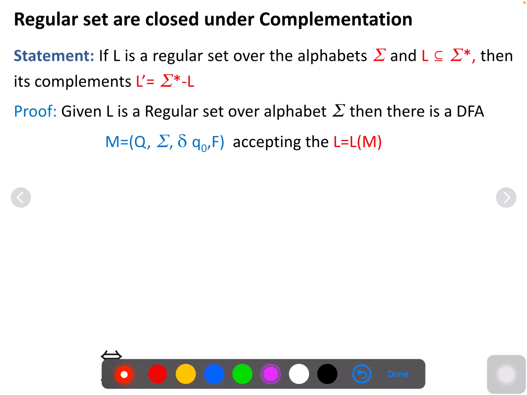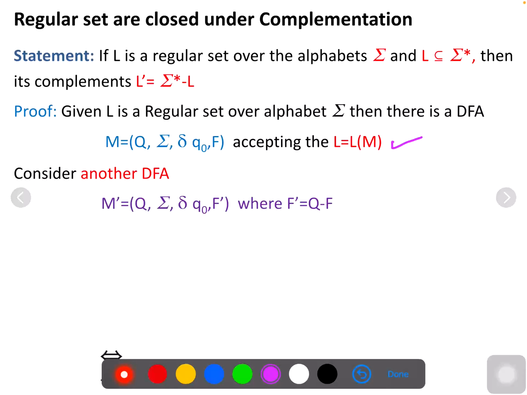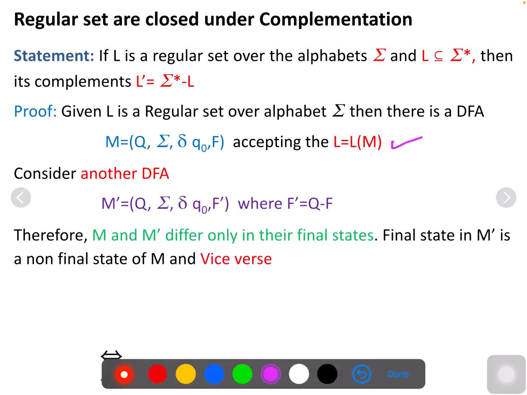M dash is equal to (Q, sigma, delta, q0, F dash), where F dash is equal to Q minus F. Therefore, M and M dash differ only in their final states. A final state in M dash is a non-final state of M and vice versa.